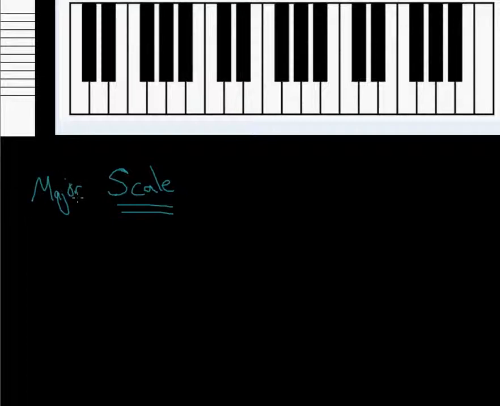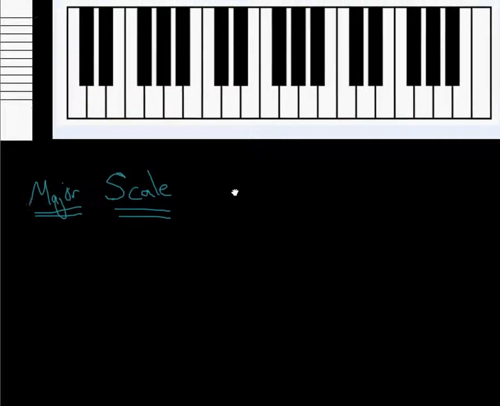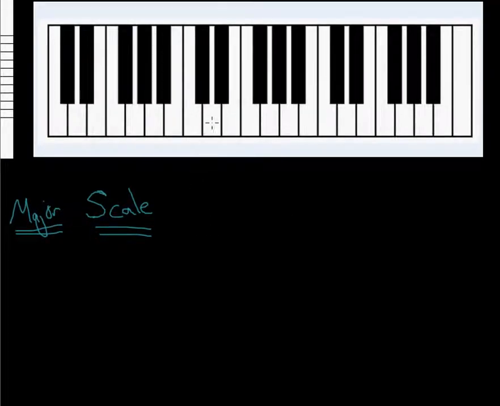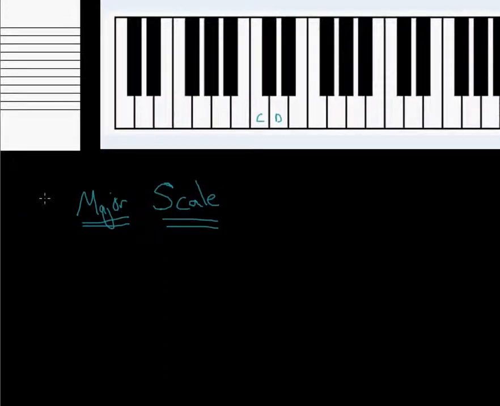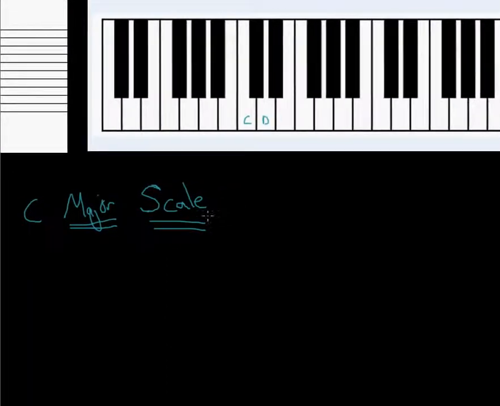Now, the major scale consists of 8 notes. It doesn't have to start on C, but for example, if we were looking at C major scale, it starts on C, D, E, F, G, A, B, and C.